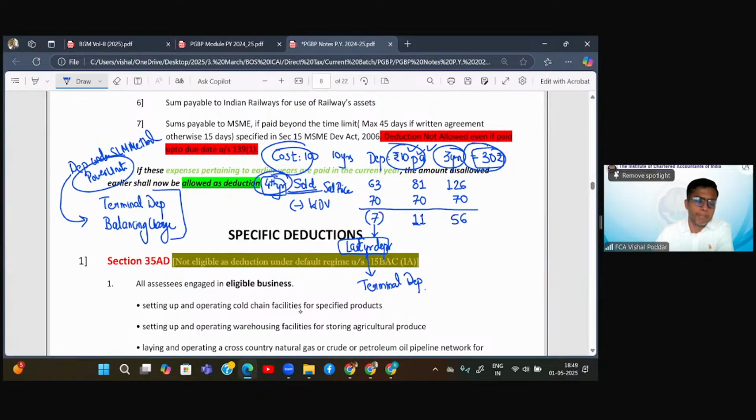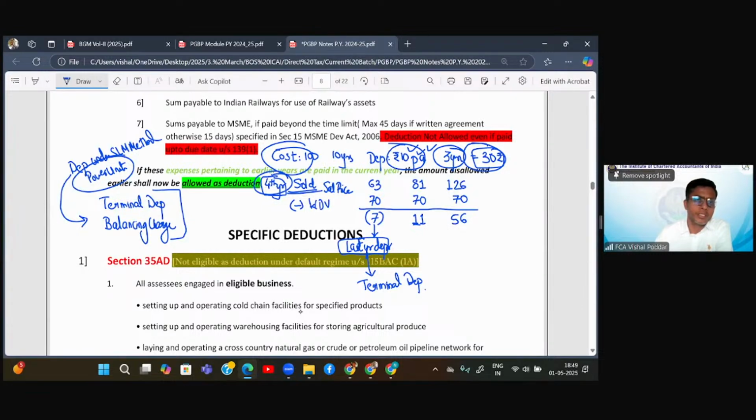Terminal means end. That is why many stations are called terminus: Bandra terminus, Bhusawal terminus, Jalgaon terminus. All these are called terminus because that is the end where some train's journey ends. So terminus, terminal means the end.